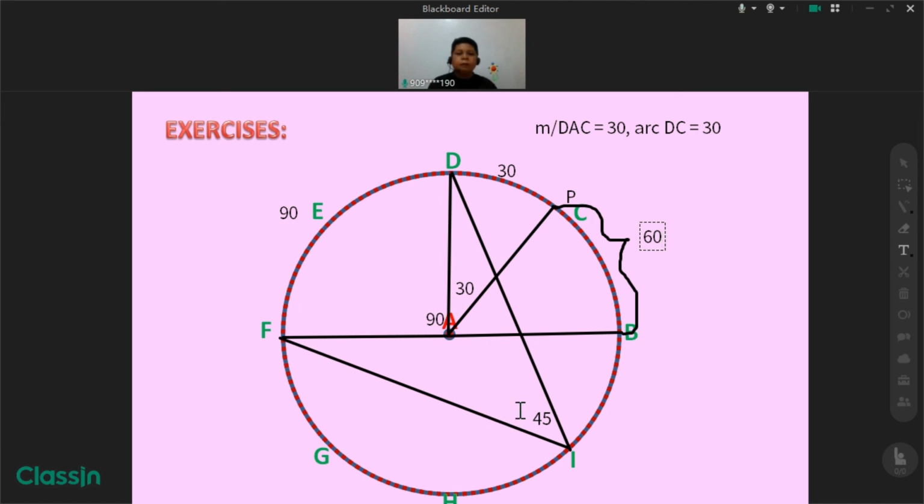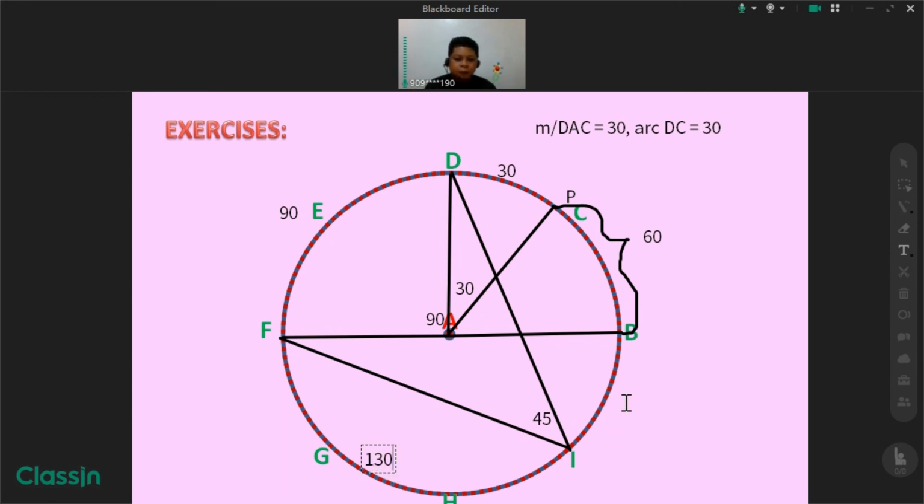Now, what is the measure of arc BI if the measure of arc FI is 130 degrees?